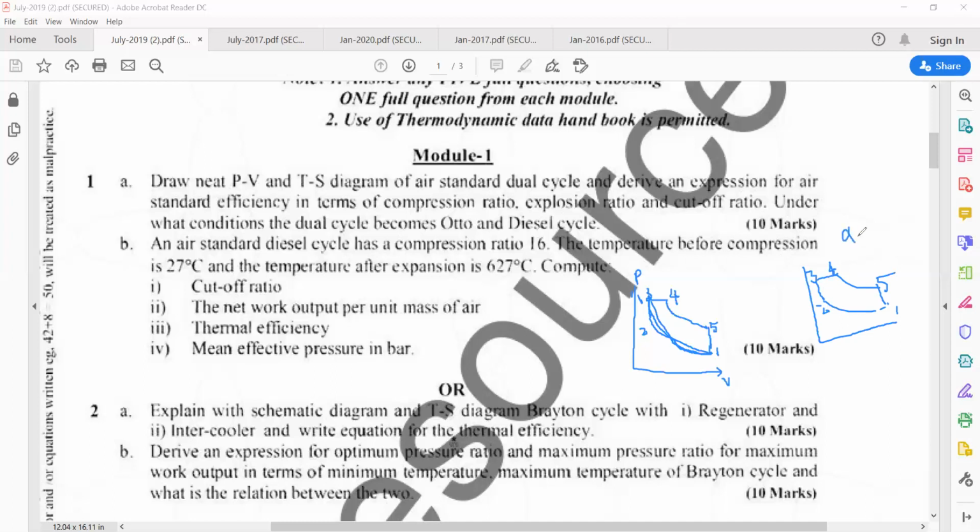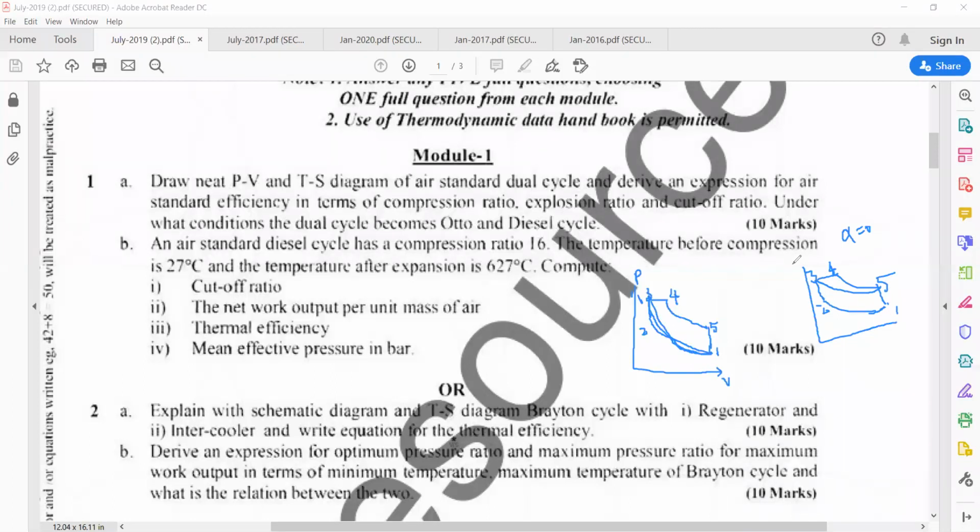If the cutoff ratio alpha is equal to 0, now directly I can join 3 to 5. Then what is the condition now? 1 to 2, 2 to 3, 3 to 4 and 4 to 1. So here only the heat addition at constant volume. I hope this is clear.